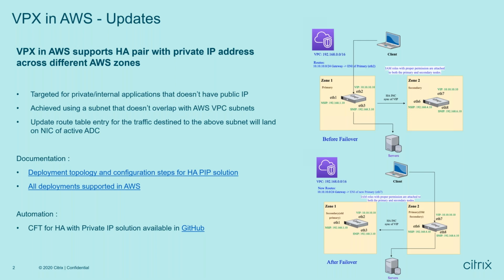As the pictorial representation clearly shows, when the traffic is flowing through zone 1, which is primary, and an HA failover happens, the new primary will be the old secondary, which is depicted in the bottom.